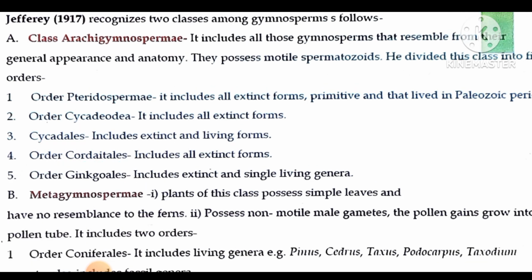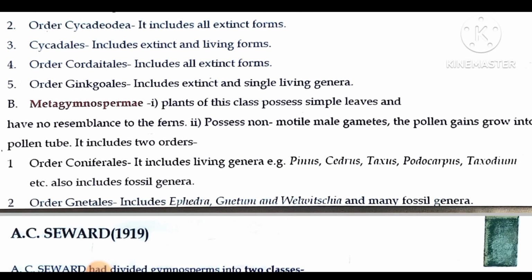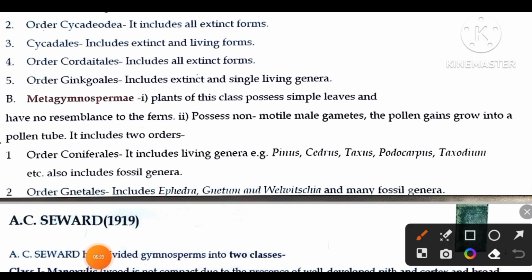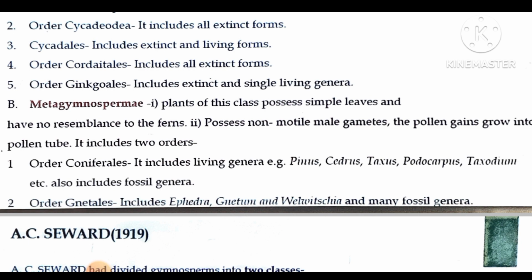After that, Metagymnospermae, in which the plants possess simple leaves, fern-like, and the male gametes are non-motile. He divided it into two groups, the Coniferales and the Gnetales. Under the Coniferales, very important genera were present, like Pinus, Cedrus, Taxus, Podocarpus, Taxodium, and many fossil genera. Order Gnetales included all the advanced groups, that is Ephedra, Gnetum, Welwitschia, and other fossil ones also.